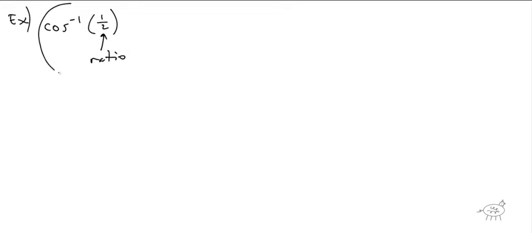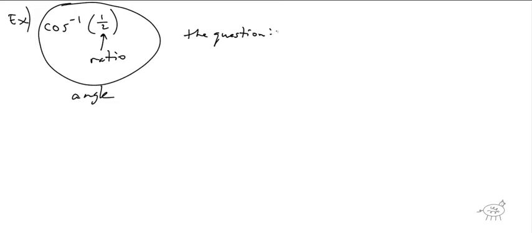And the whole thing represents an angle. And the question is basically, the cosine of what angle equals 1/2? So we're kind of going in reverse now, math fans. Okay, the cosine of what angle is 1/2?